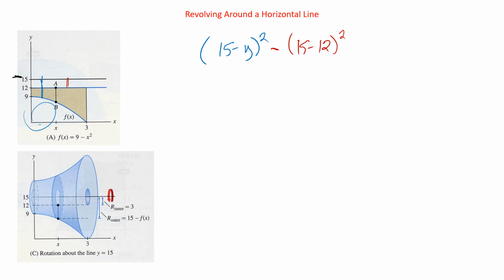And as we're doing this, notice the big radius is not the top equation right here. The big radius is the bigger distance to the axis of rotation. So if we were rotating around the x-axis instead of the line y equals 15, these two things would be switched. Now, if you do accidentally switch them, your answer is going to be negative.